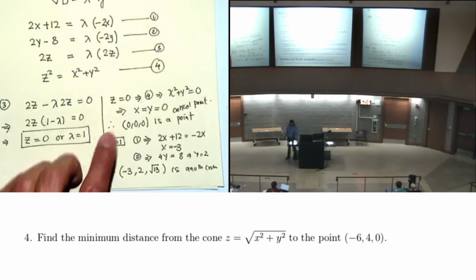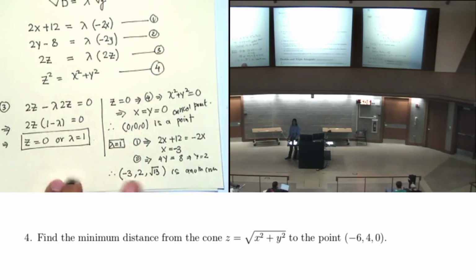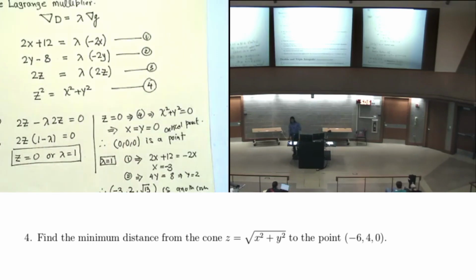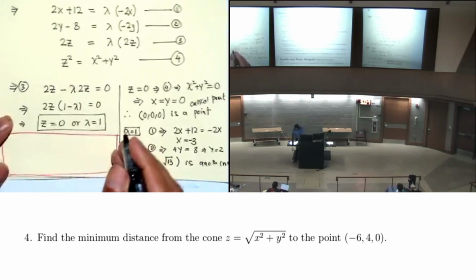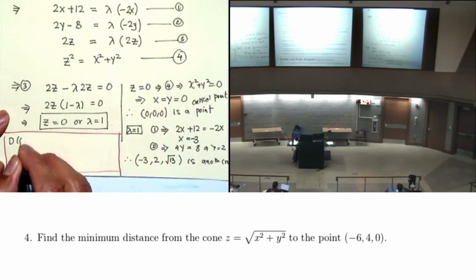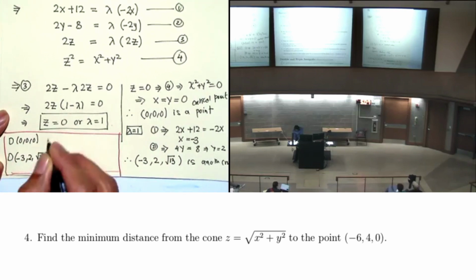Okay, so these are the two critical points, (0, 0, 0) and (negative 3, 2, square root of 13), by solving this 4 by 4 system. The last thing we have to verify is which one is the minimum. Which one will give you the minimum distance? So let's plug in d at (0, 0, 0), and then d at (negative 3, 2, square root of 13).